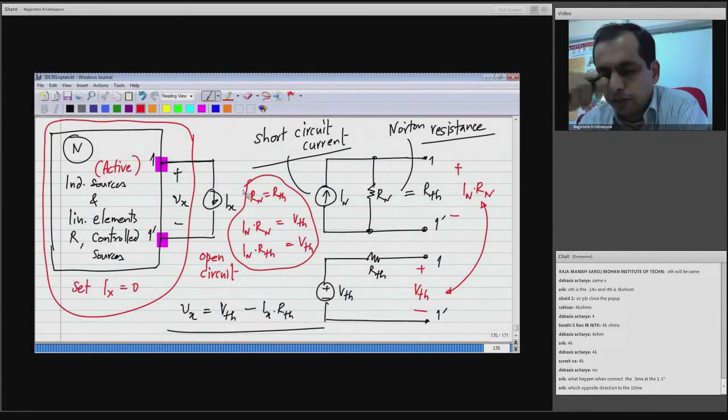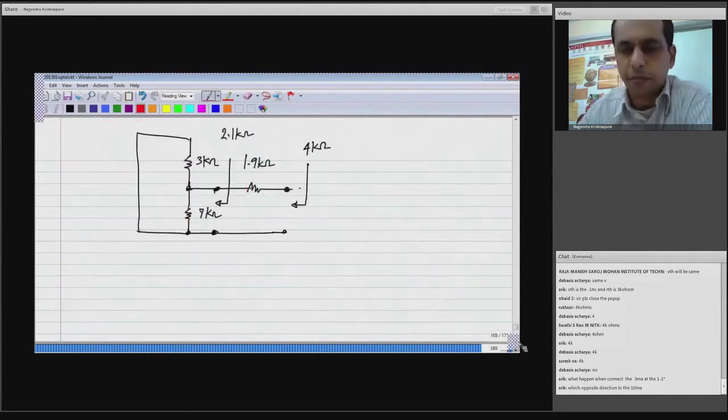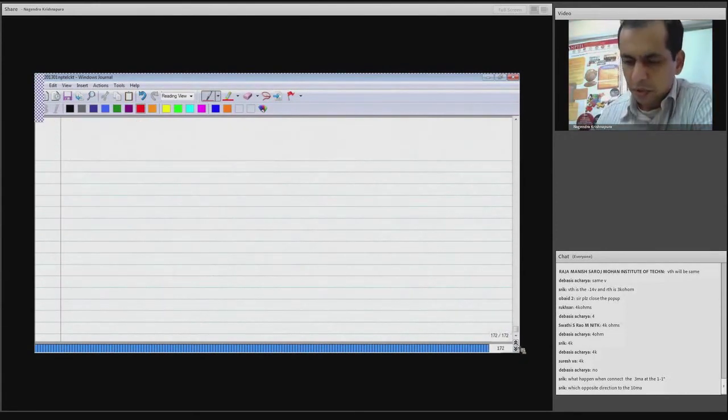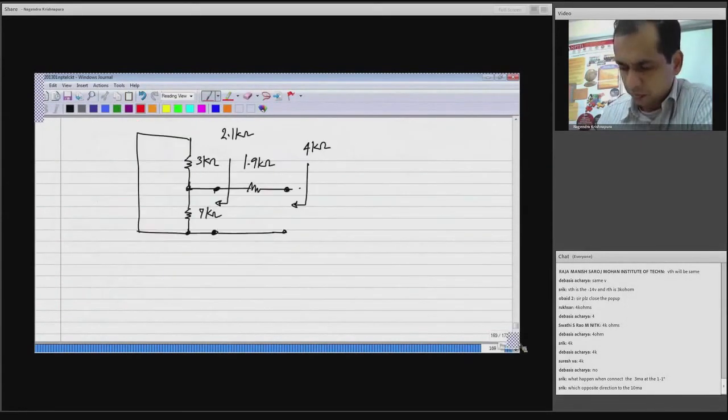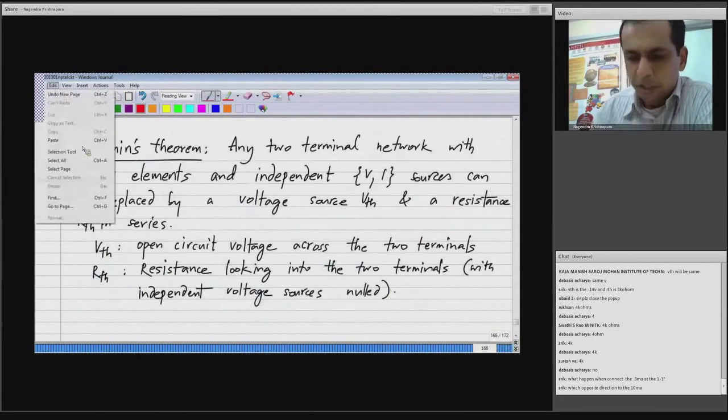So instead of using a voltage source and resistance in series, you can also use a current source and resistance in parallel as an equivalent to any two-terminal circuit which has independent sources and linear elements. And this idea of using a current source and resistance in parallel is known as Norton's theorem. Just for completeness, let me write out the statement.